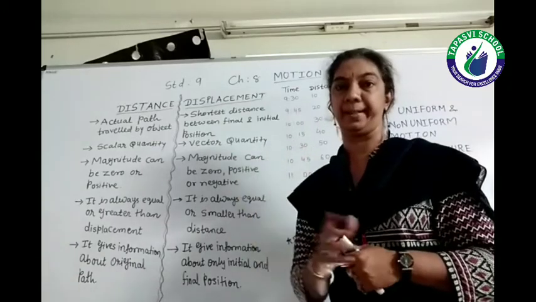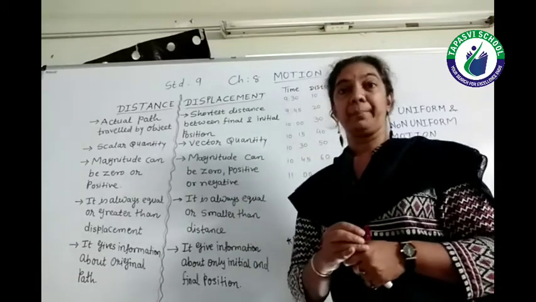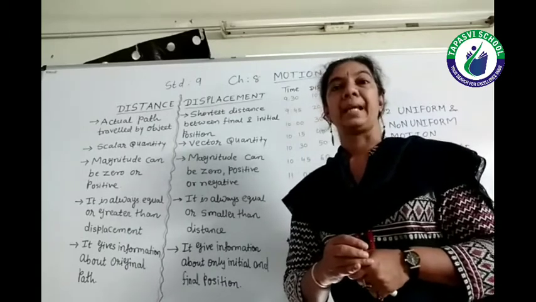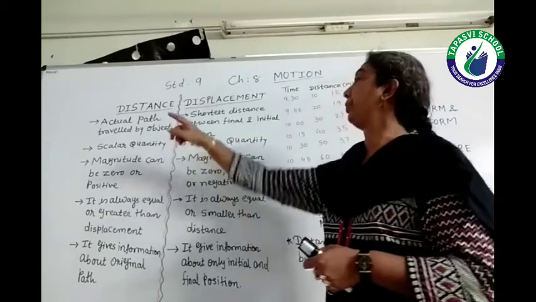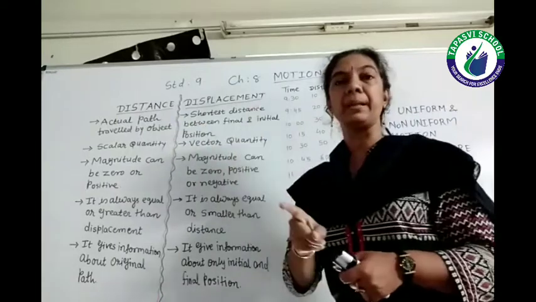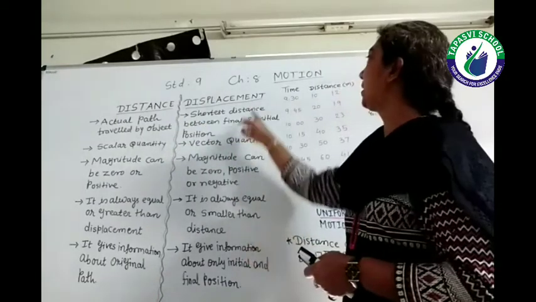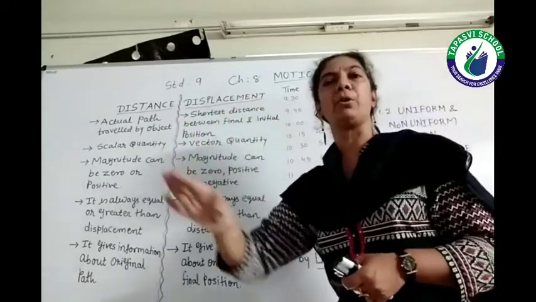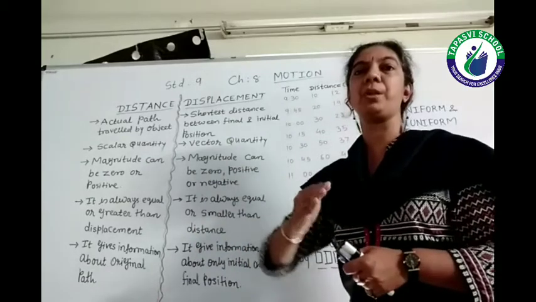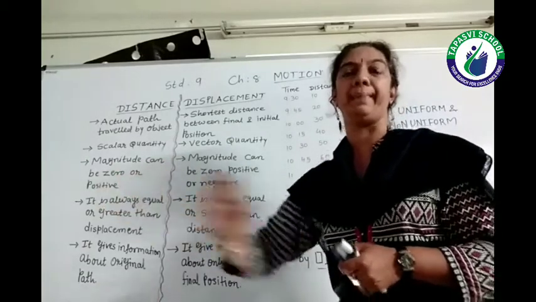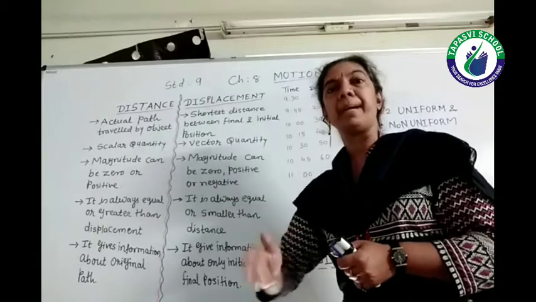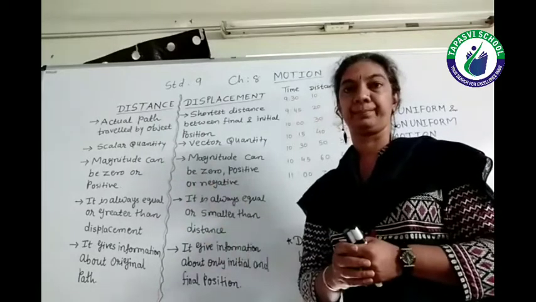on each side. Now remember my dear friends, as I said just now, the unit of distance is meter as well as the unit of displacement is also meter, because actually they both are path length. They are the measurement of path.